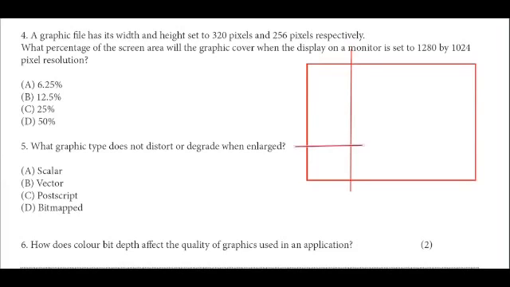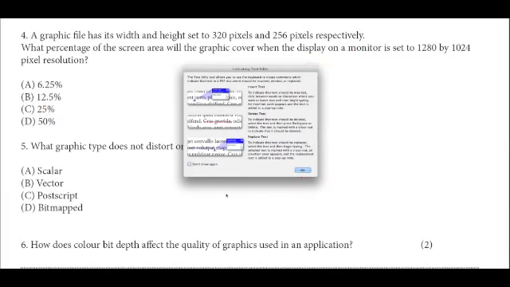So this bit here is my actual file size in comparison to the whole screen resolution. Now, it's not half, it's not a quarter, so let's rule these out straight away.